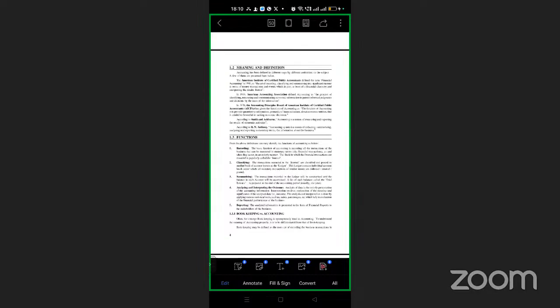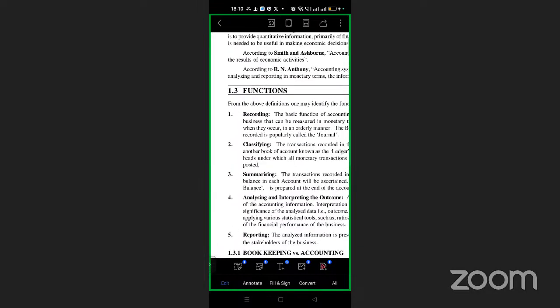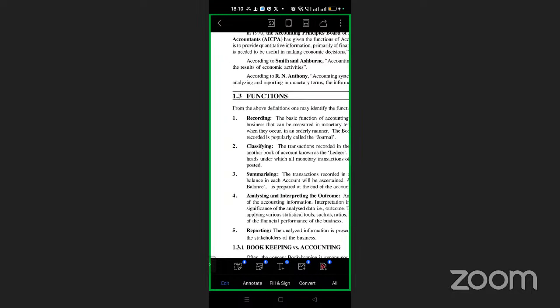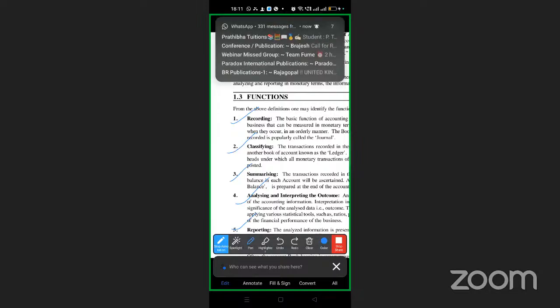Here we have recording, classifying, summarizing, analyzing and interpreting the outcome, and the last one is reporting.